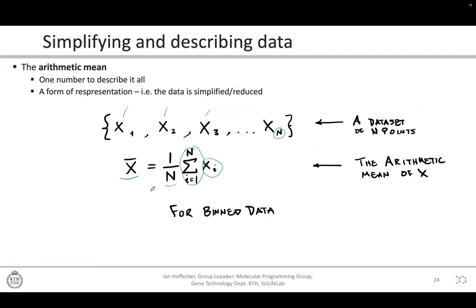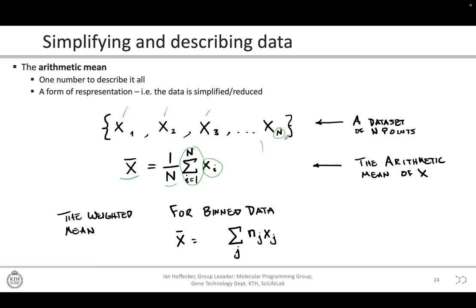What you might be less familiar with is the weighted mean, or the idea of getting a mean from binned data. It starts out very similar to the arithmetic mean, with another summation, but now we're dealing with binned data.